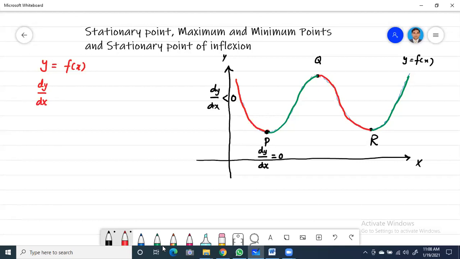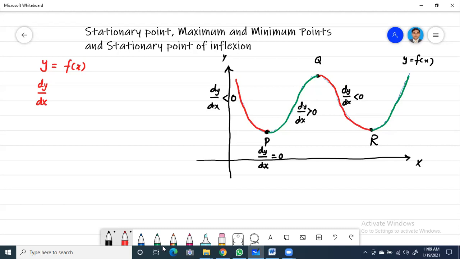Then after that, the green portion of the curve is again increasing. Increasing means dy divided by dx is positive, greater than 0. Again for the red portion, dy divided by dx is negative, less than 0.